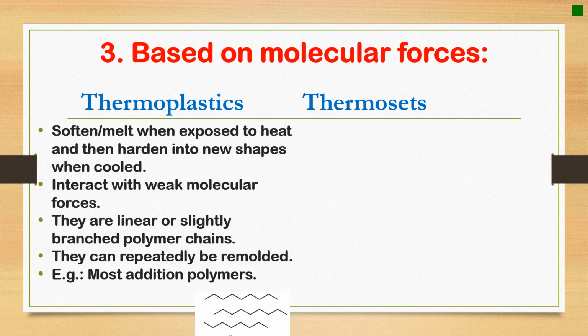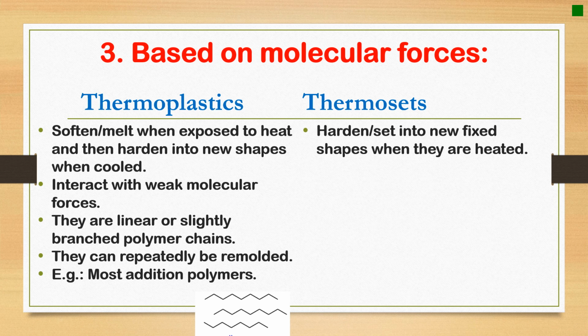We also have what we call thermosets. Thermosets are those polymers that harden or set into new fixed shapes when they are exposed to heat. Let's take the example of the yolk of an egg. You know that when an egg is not boiled, it is raw. Of course, it is very soft and viscous.